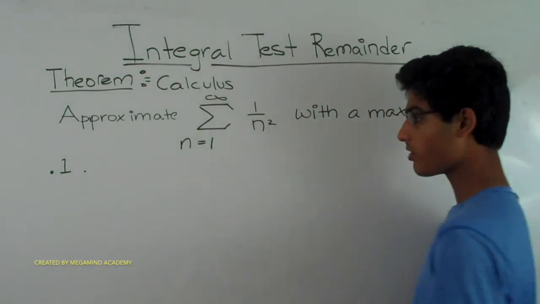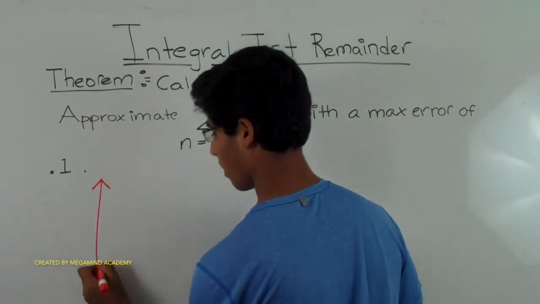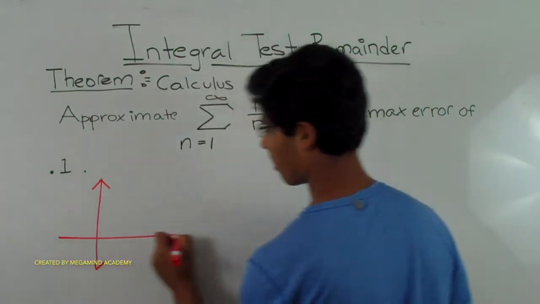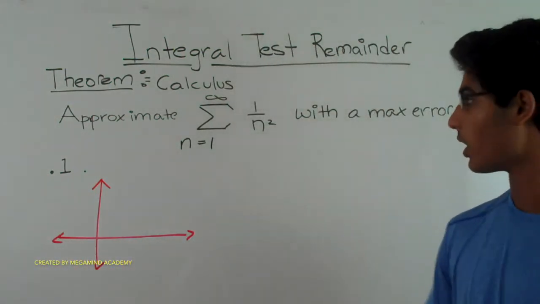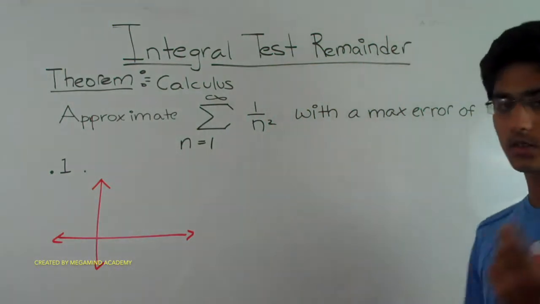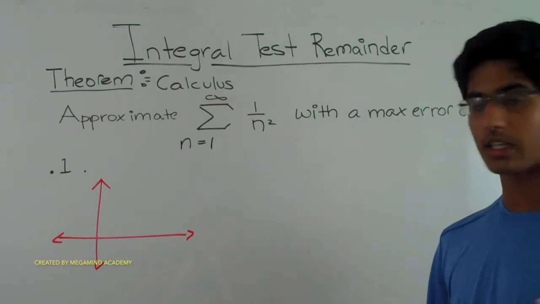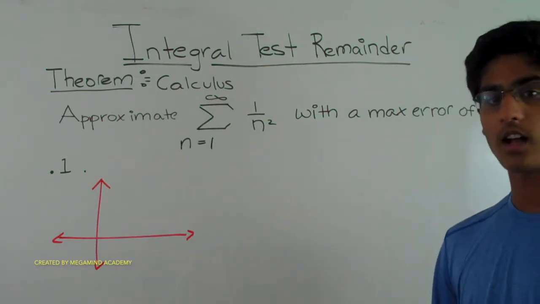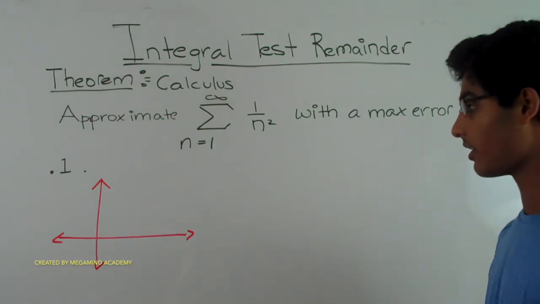So let's draw a graph here. The first thing is we should draw our series on here, or what we're trying to find the sum of. So here we can see we have 1 over n squared. Now what we have to know is that most series that converge are monotonically decreasing if they're positive, or monotonically increasing if they're negative.